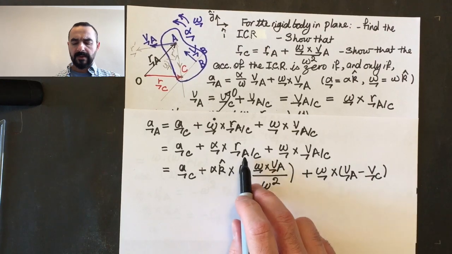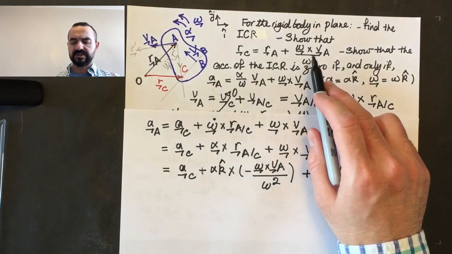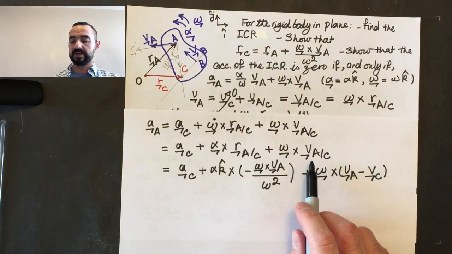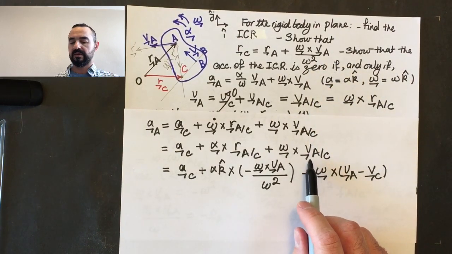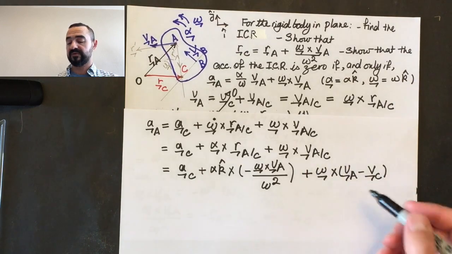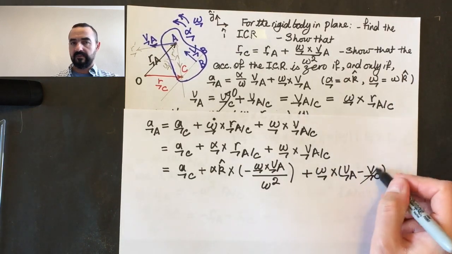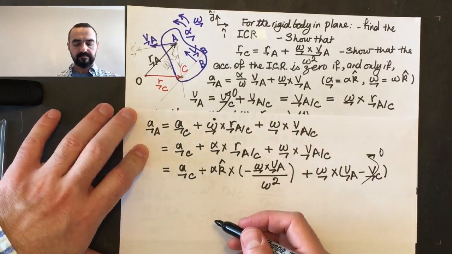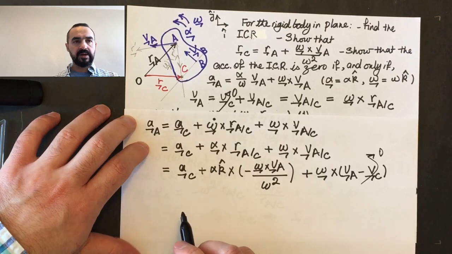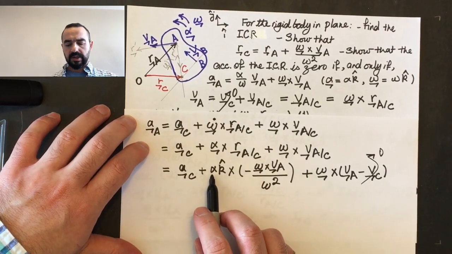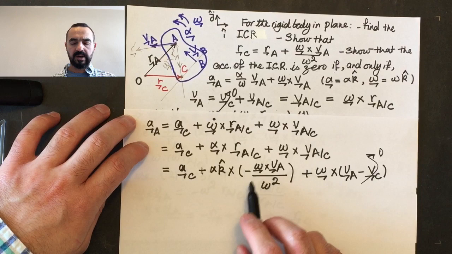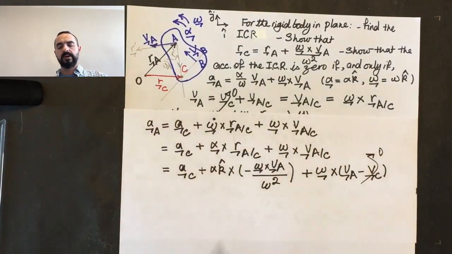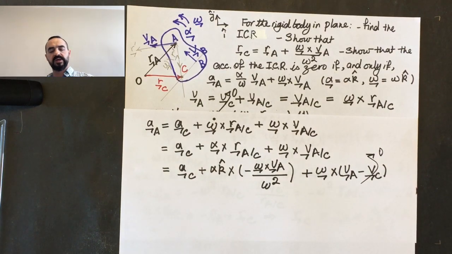All right. So to replace r A with respect to C, I have used this relationship which I have shown to be true in part A, and velocity of A with respect to C is simply V A minus V C. And again, V C is equal to 0. Here I have alpha, omega, and omega squared. So how can I deal with this?